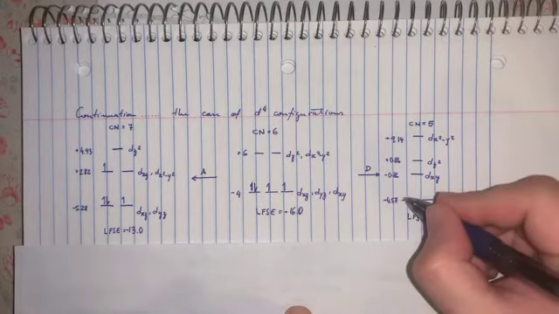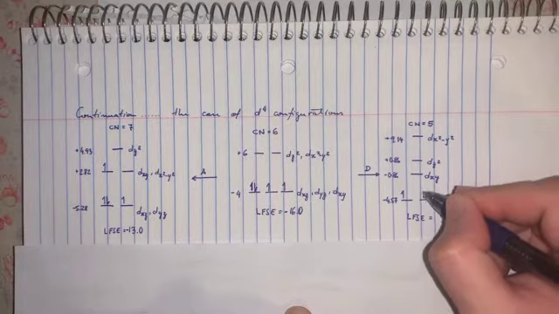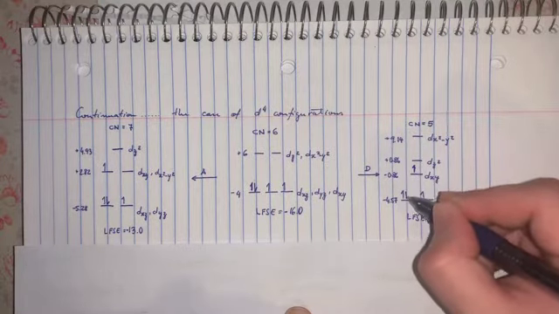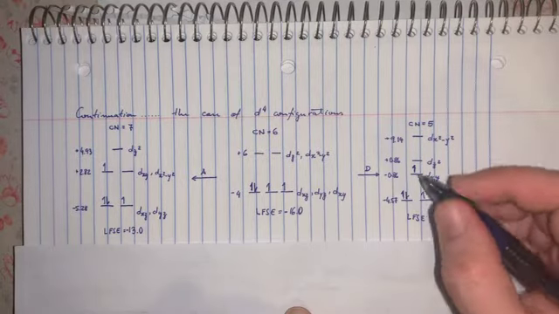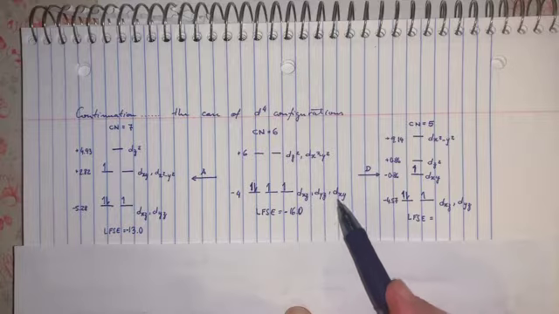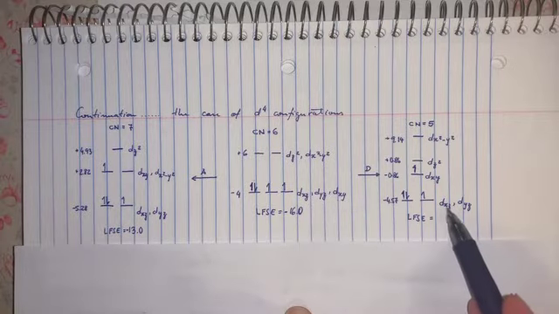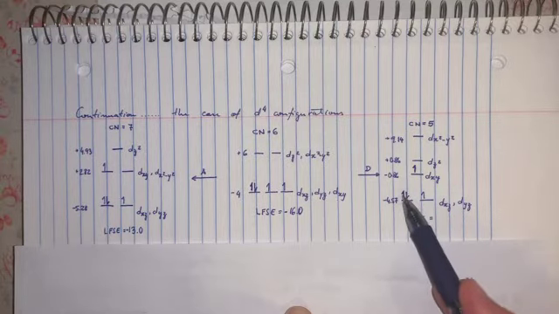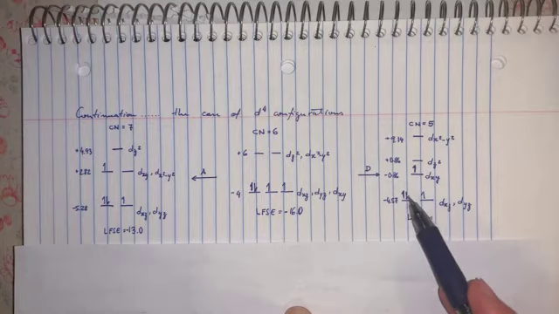So let's go 1, 2, 3, and 4. Okay, so the same idea here. They belong to dxz, dyz, and dxy orbitals. That's why they have to be in these 2 groups over here. 1, 2, 3, and 4.